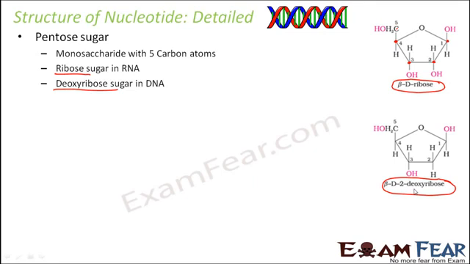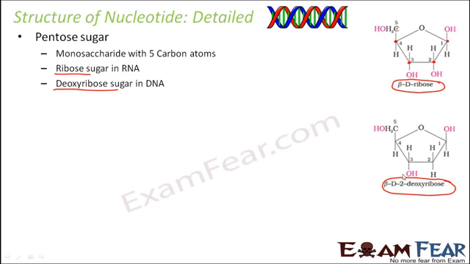Now you might wonder, what is the difference between ribose and deoxyribose? If you compare their structure, the only difference which you see here is in the OH group. In deoxyribose sugar, you actually see that one of the OH groups has been replaced with a hydrogen, and that is why it is called deoxyribose, because the hydroxy group is removed, so it is deoxy.